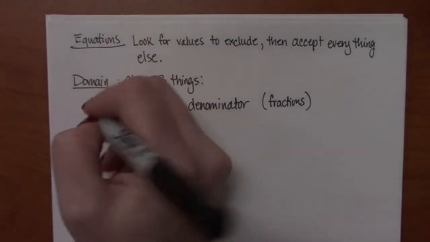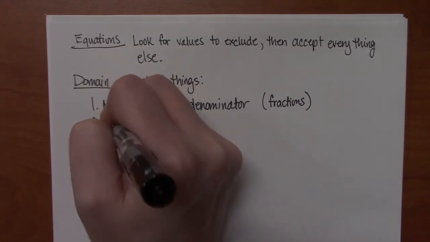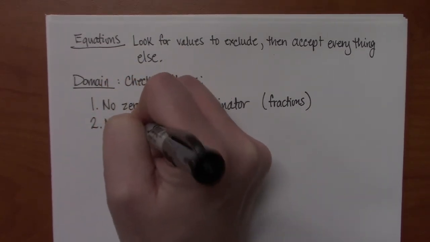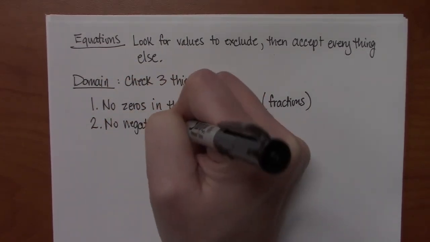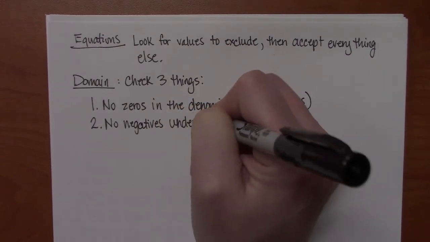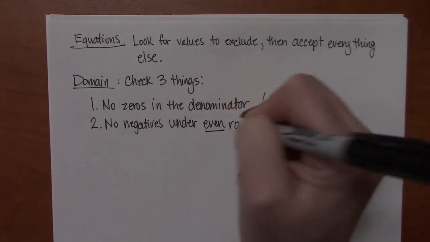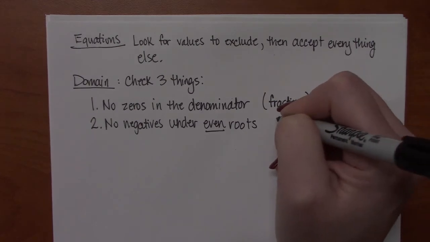All right, the second thing you have to look out for is no negatives under even roots.